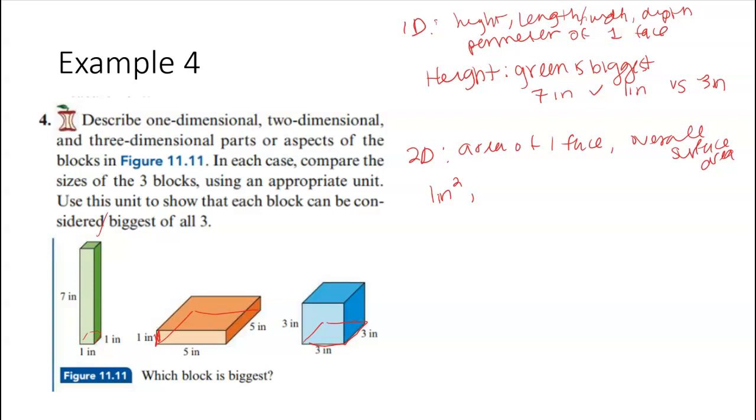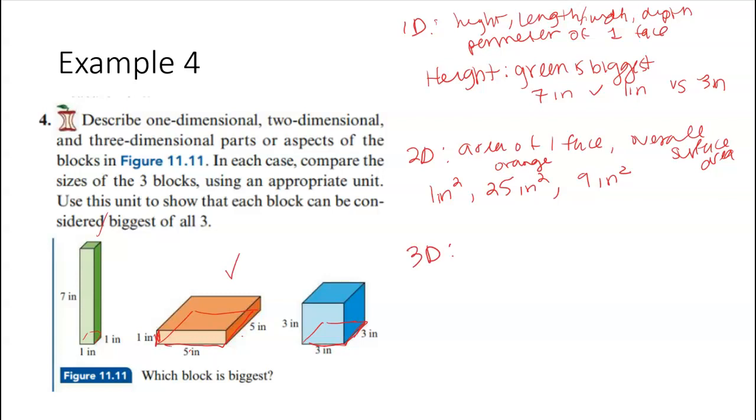The orange one would be 5 by 5, so that would be 25 square inches. And this one would be 9 square inches. So the orange one is the biggest, if we look at that aspect.